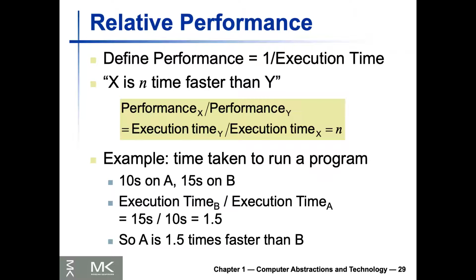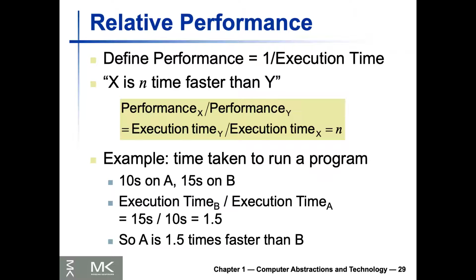In a matter of performance and execution time, when we say X is n times faster than Y, this actually means that the performance of X divided by the performance of Y is n, right? So the higher the performance, the faster it is. You see that performance has a negative relation with the execution time.